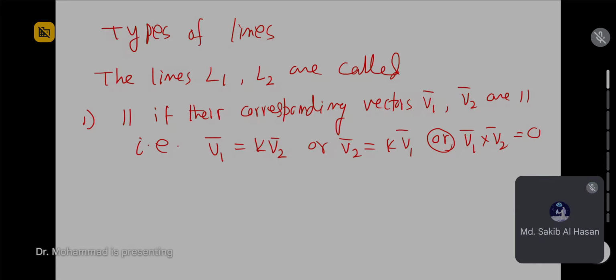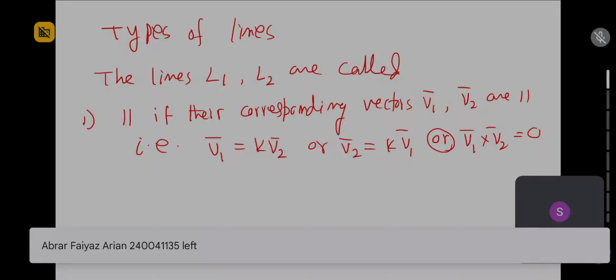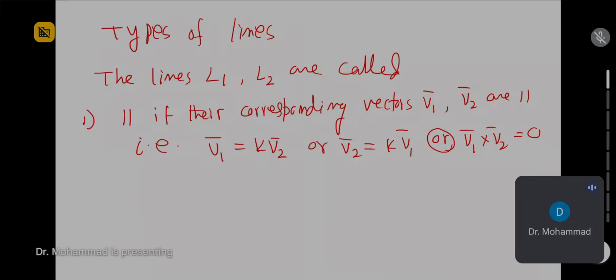Sir, could you explain why multiplying the vectors by k works here? Yes, because this k is simply a scalar quantity.